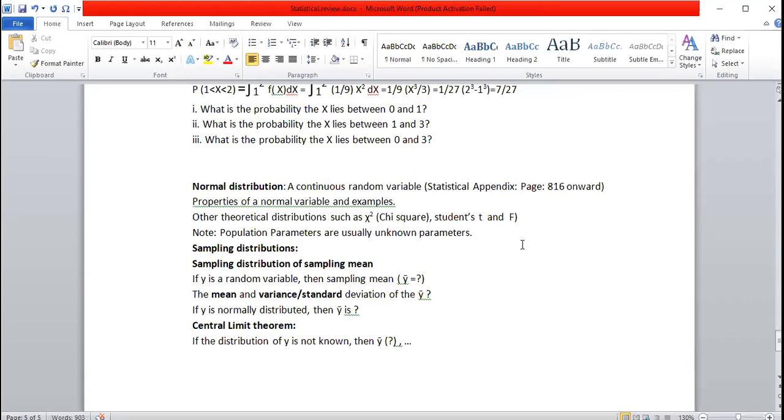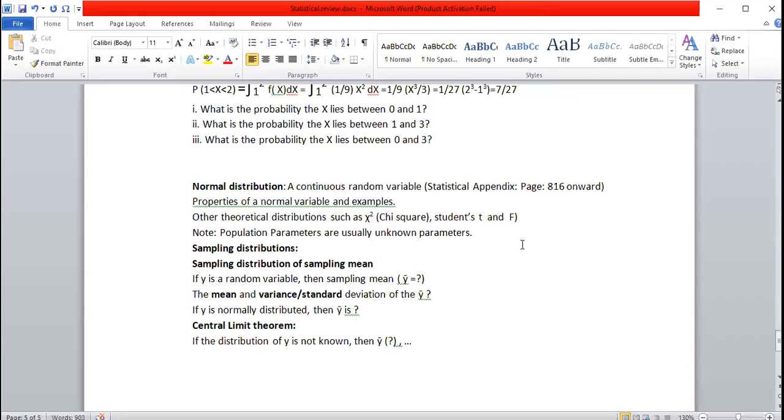Now that's not possible. You cannot go ask all the teachers. What do you do? You go and ask some people. You ask maybe 50 people, 100 people. So that is a sample you are collecting.